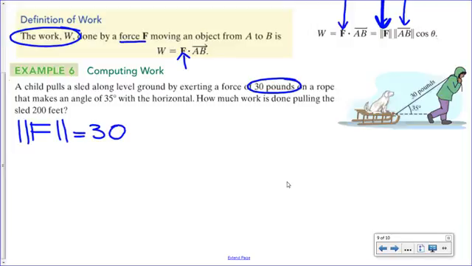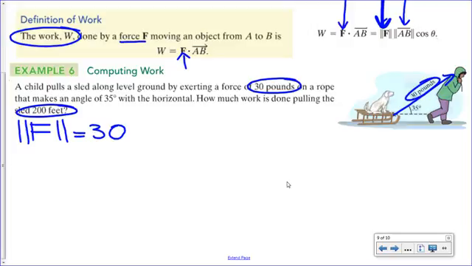And now the 200 feet that we see here, well, let me go back a little bit. So he's exerting a force of 30 pounds on a rope that makes, and this is that vector in question, the 30 pounds, and that makes an angle of 35 degrees with the horizontal.